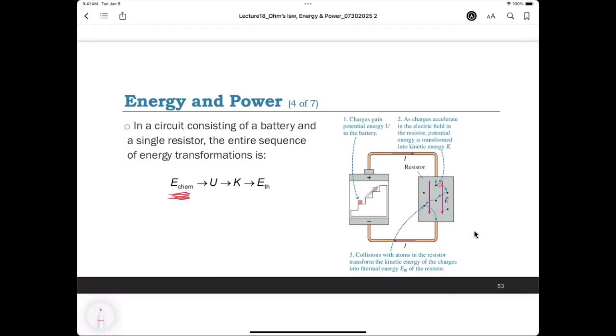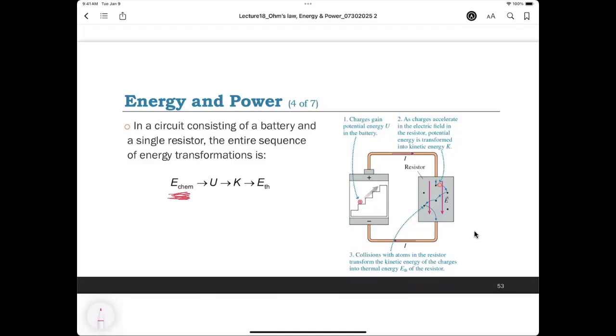In a circuit consisting of a battery and a single resistor, let's talk about the entire sequence of energy transformation a little bit. Firstly, the charge gains potential energy U in the battery from the electrochemical, chemical energy.